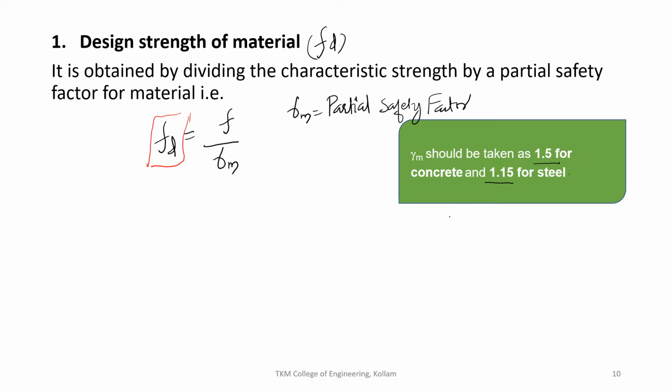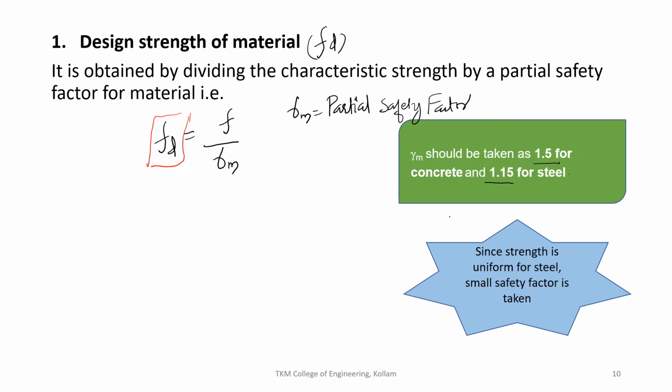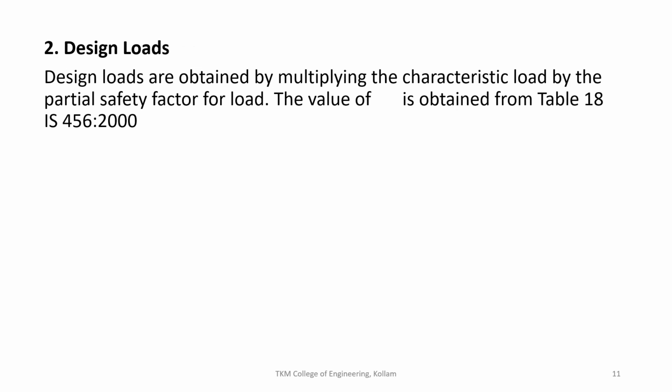As a result, we should give a higher factor of safety, since there will be a lot of variance in the quality. But in the case of steel, the quality is closely monitored, since it is made in a factory, so there won't be much issue with quality. As a result, the factor of safety is much smaller for steel than for concrete. You can see the strength is uniform for steel, so a smaller partial factor of safety is taken when compared with concrete.